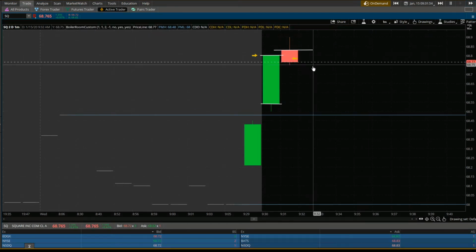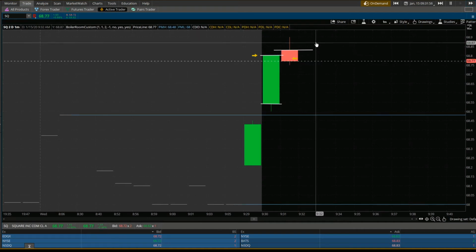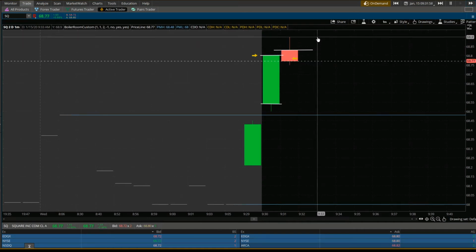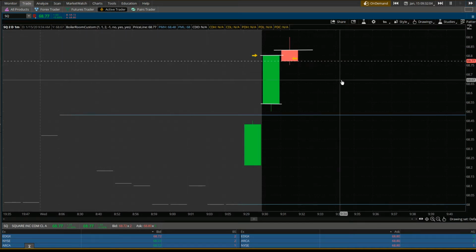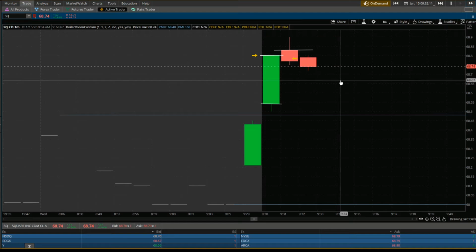Now you see a little bit of struggle of power, right? The candle was green, bulls were in control, and bears stepped in and pushed it down. So now we have a struggle for power. And the whole time we're watching the market, we're asking ourselves, who is in control?